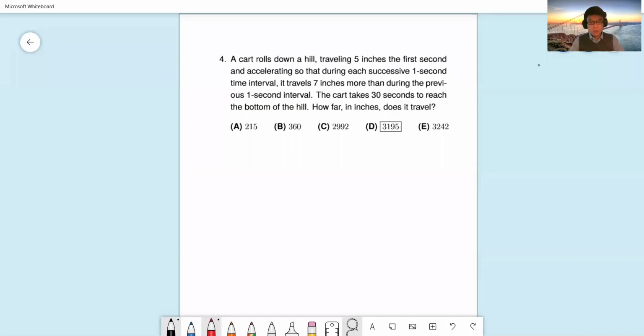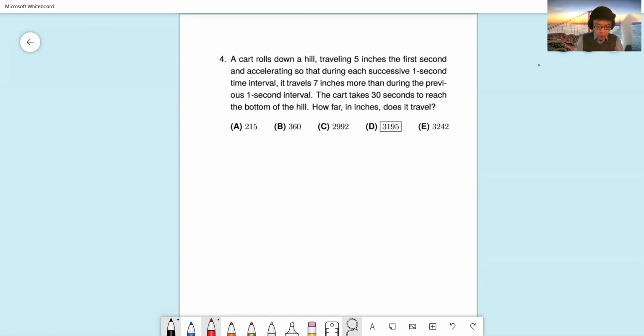Question 4. A cart rolls down a hill traveling 5 inches in the first second. And in the future seconds, during each successive 1 second time interval, it travels 7 inches more than during the previous 1 second interval. So totally it travels 30 seconds. So we need to calculate the total distance.